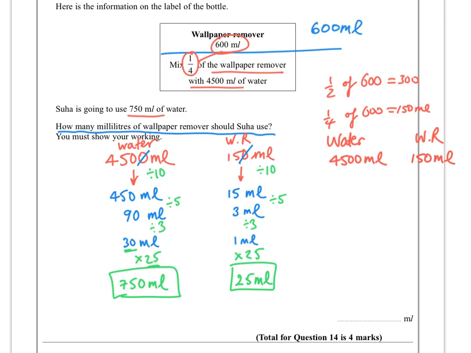I guess what you could do is say that 1 mil of water is 150 mils divided by 4,500. So that might seem a bit scary, but if you just try and cancel out here, divide by 10, and then divide by 5, gives you 3, divide by 5 is 90. Can you see that's exactly what you've done here?